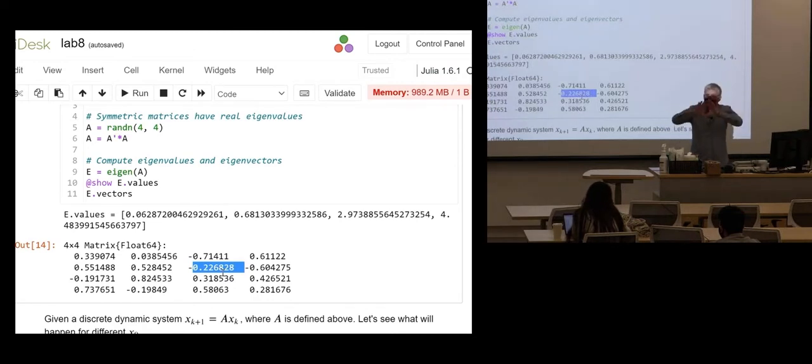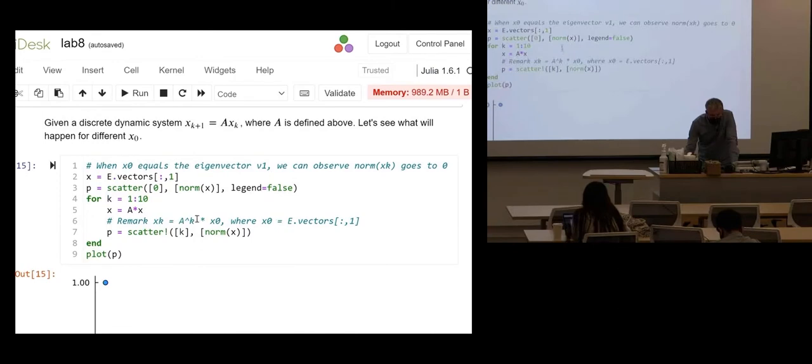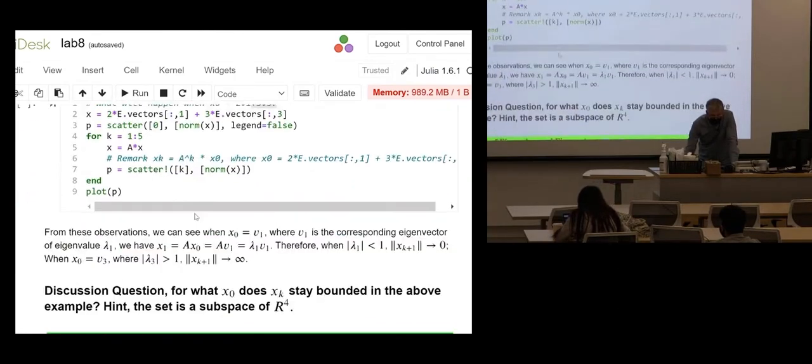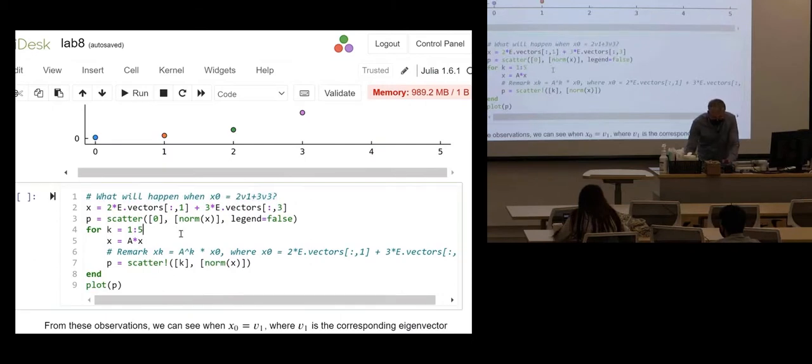So we start out with something in a plane, and we keep applying A, it's going to crush down on the values that are less than 1 and blow up along the direction where the eigenvalues are bigger than 1 in magnitude. So that's the power of linear algebra. And so we can just run this and see.